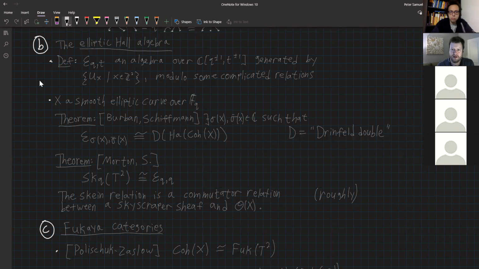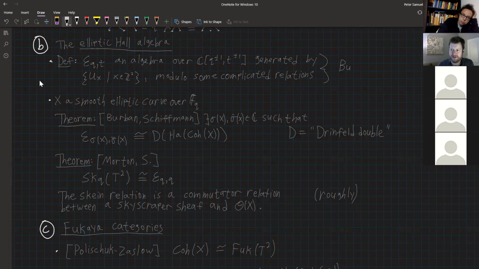So one way of getting such categories is from quivers. Another is from curves. So if you take a smooth elliptic curve over a finite field, then the category of sheaves over this curve is finitary. Okay, so Burban and Schiffmann, let me write this here too.